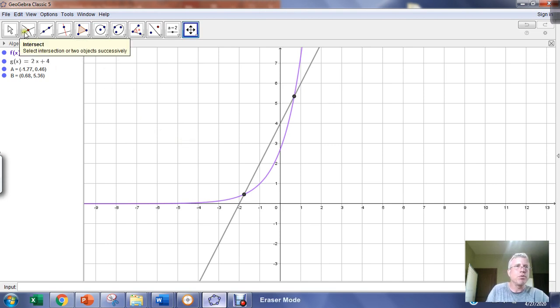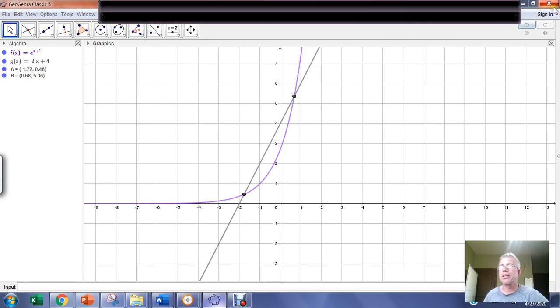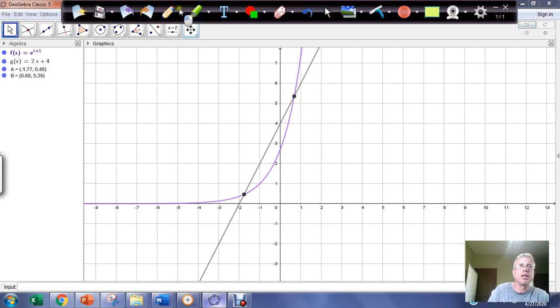So we've got ordered pair intersections sitting here. And we don't want the y coordinates, right? The y coordinate is garbage. This is the point A and B. Point A is the one with the negative input. This is point A right here.